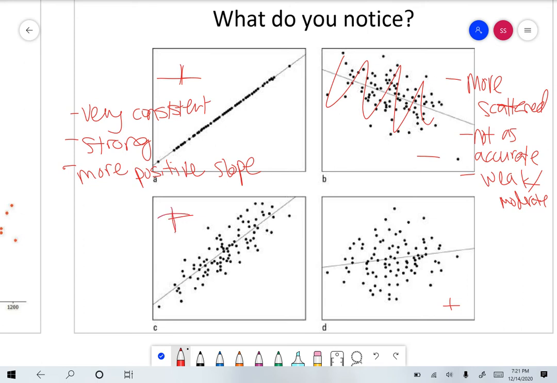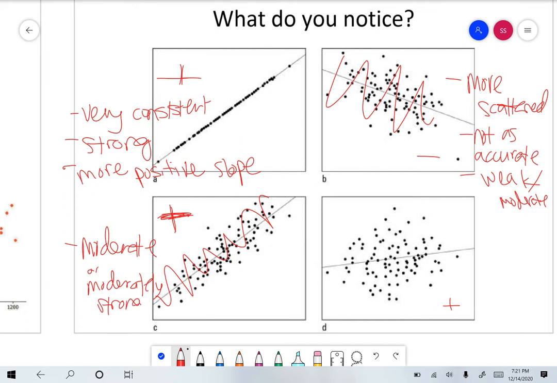Okay. Let's look at the bottom left graph. It is positive, right? As x is increasing, y is increasing. It's definitely more consistent than, say, this graph, but it's less consistent than this graph, right? So we would call this maybe a moderate or moderately strong.